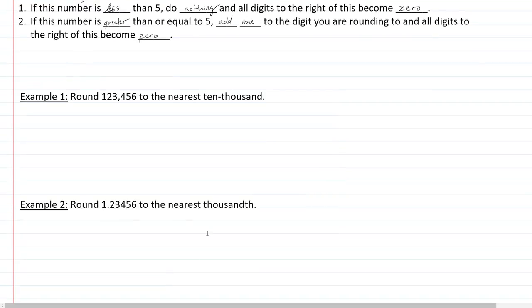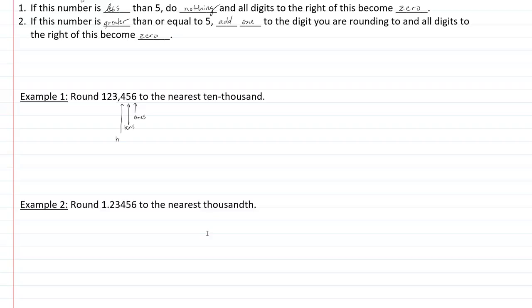So let's look at a couple examples. Round 1, 2, 3, 4, 5, 6 to the nearest 10,000. To round to the nearest 10,000, we have to know where the 10,000th place is. So let's go through the places. This is the ones place. We call this the tens place.